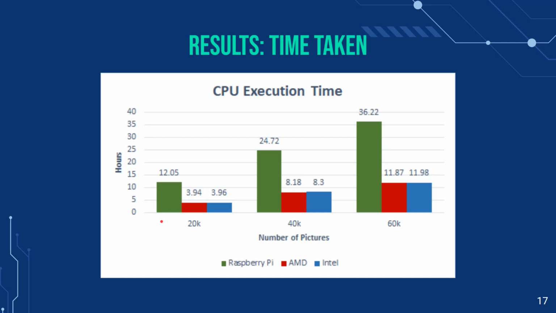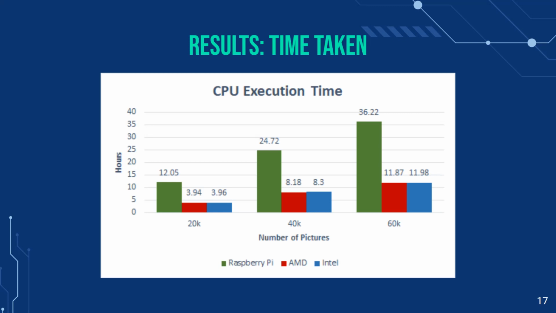For our CPU execution time, we can see that for the 20K, the Raspberry Pi was the system that took the longest compared to our AMD and Intel. Our Raspberry Pi took 12 hours, while our AMD and Intel were on par with each other, around 3, almost 4 hours.